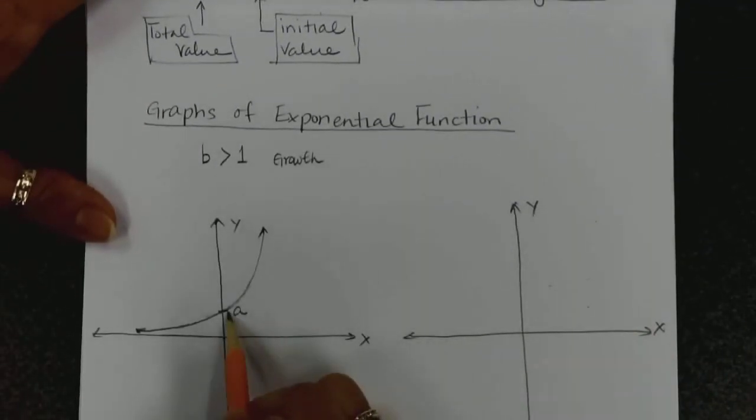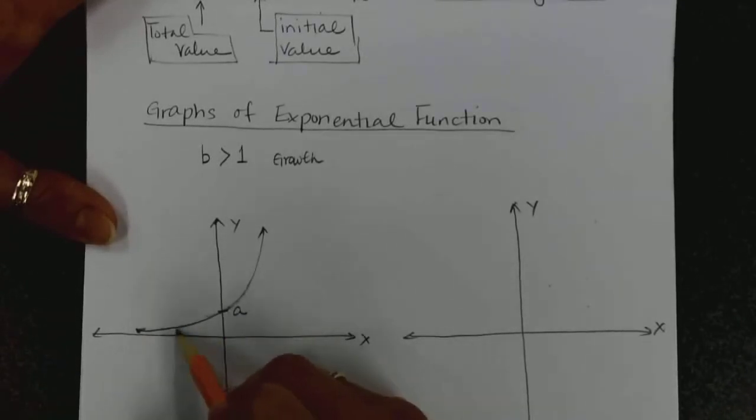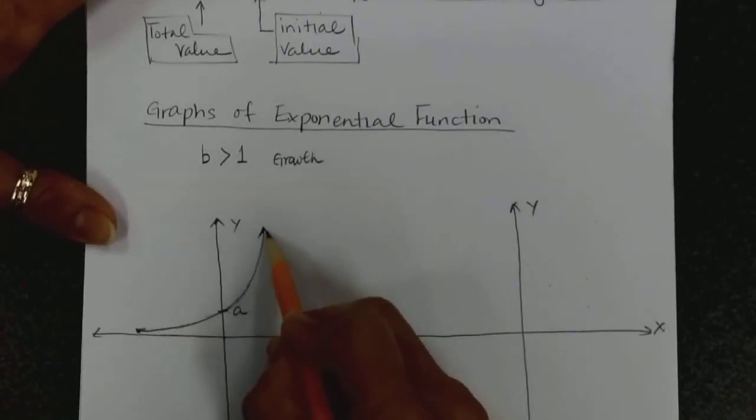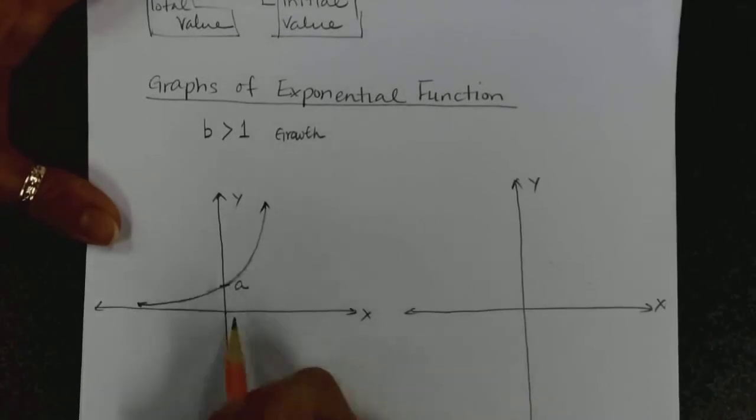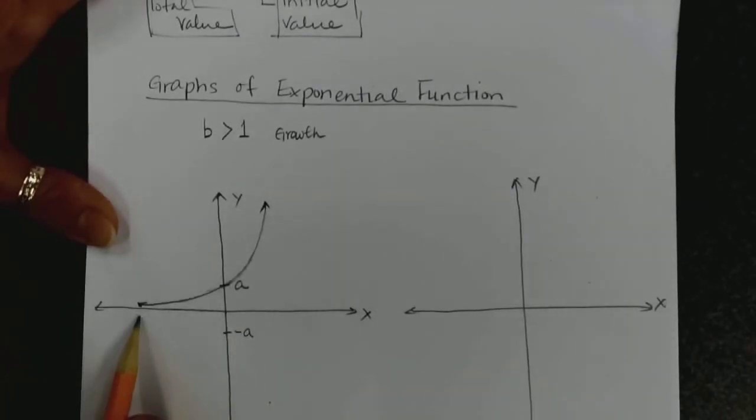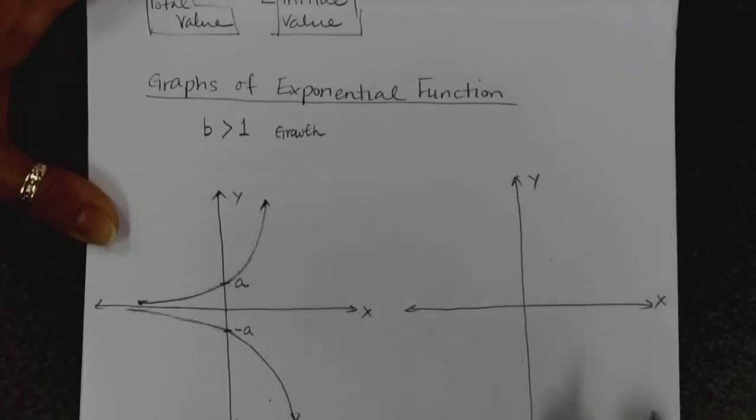Depending on the a value, if a is positive, it's growing in a positive y direction. But if a is negative, it's going to grow in the negative y direction.